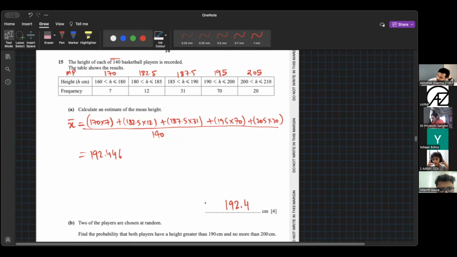I'm getting 141.2. You have missed some value then. We did this entirely in the calculator. We are getting 192.446 like this.